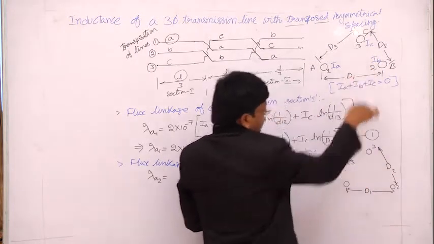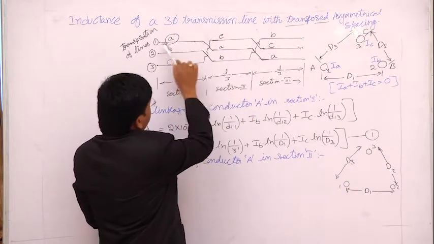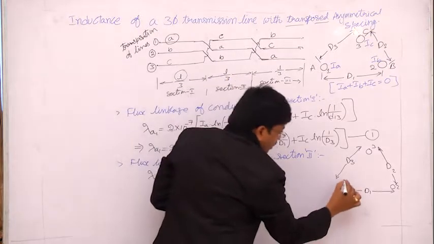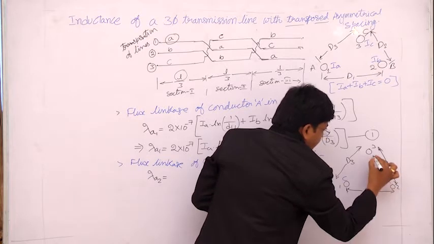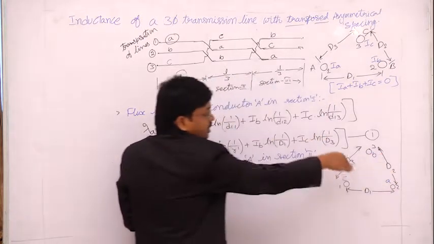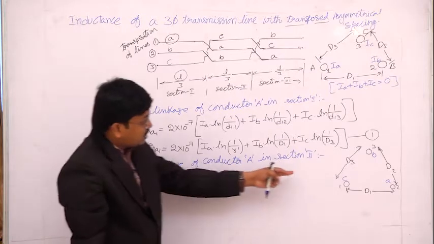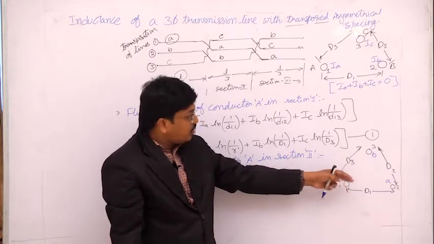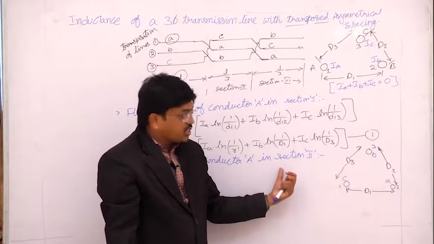Take the same configuration, but position 1 now occupies C, this one is conductor A and this one is conductor B. These are the positions. This is the configuration of the three phase conductors, conductor A, conductor B, conductor C in section 2.